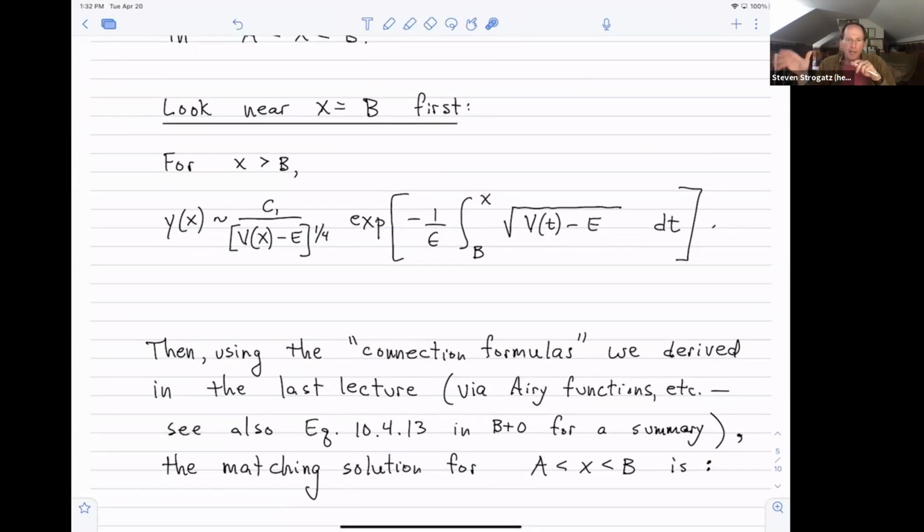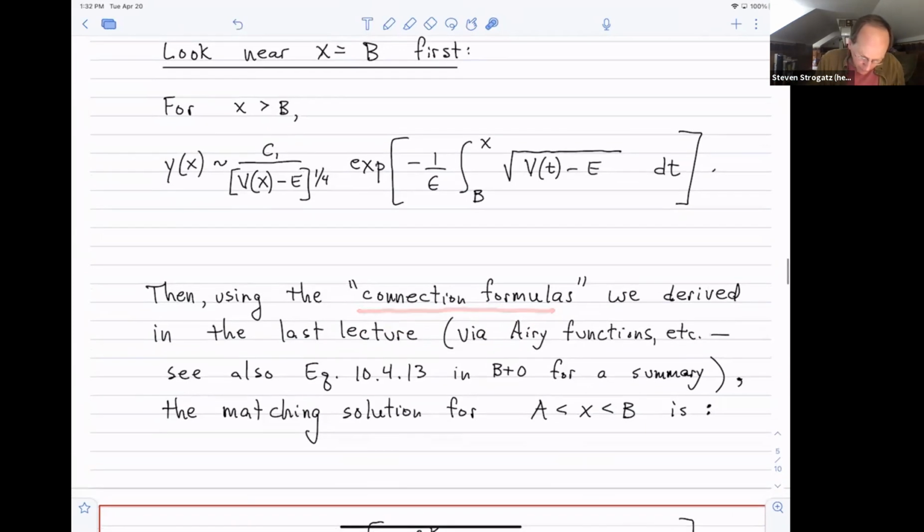The formulas that relate the exponential decay on one side to the sinusoidal behavior on the other side by way of the Airy connections. So the connection formulas that we derived last time, and if you want, you can find a good summary of them in the book in equation 10.4.13.